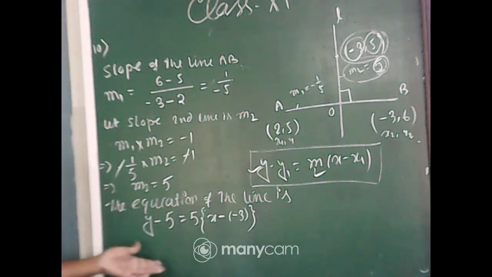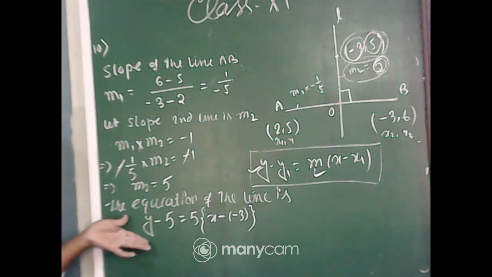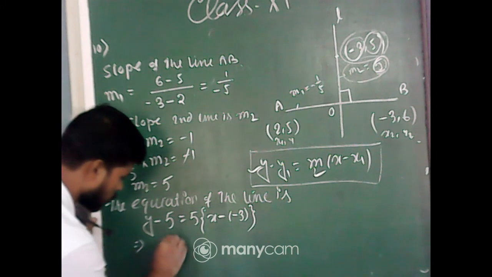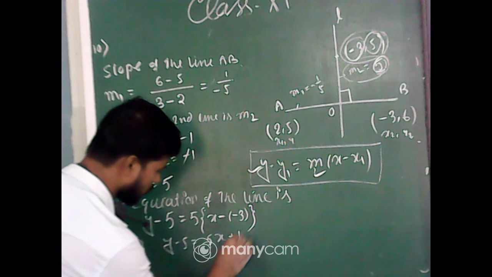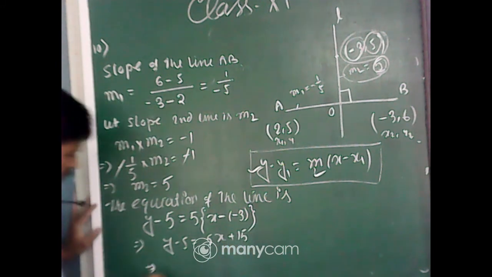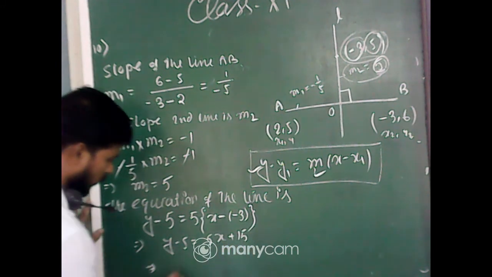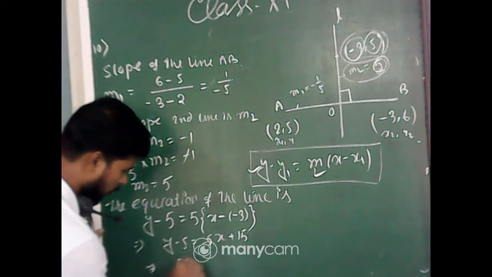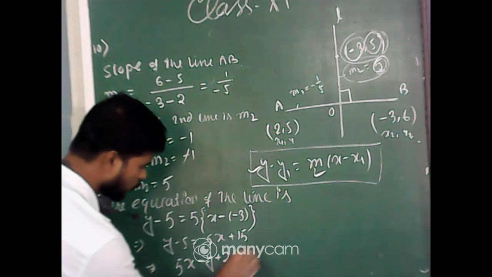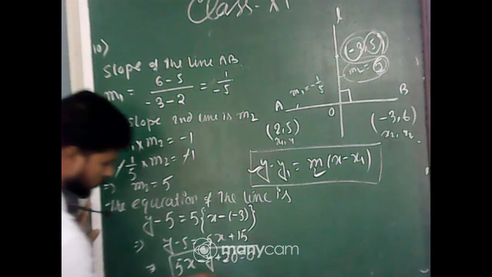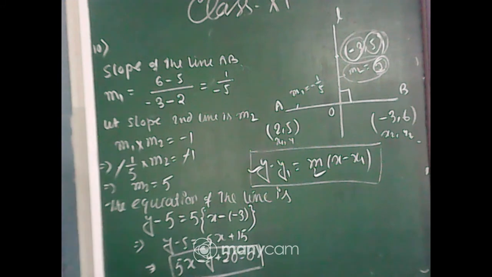Now if you solve the equation, you will have the equation of the straight line in standard form. So y minus 5 is equal to 5x plus 5 threes are 15. Rewriting all terms on the left-hand side, it will be 5x minus y plus 20 is equal to 0. So this is the equation of the line.